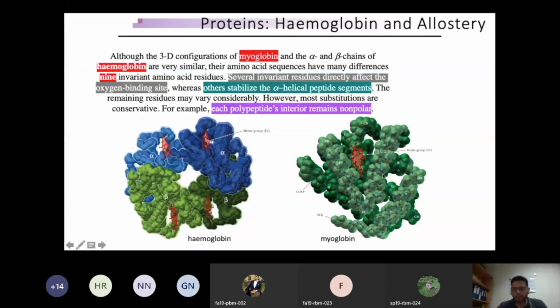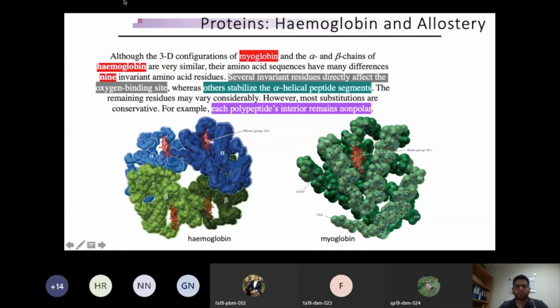The bad thing with myoglobin is that it does not release oxygen quite easily. So that means it could carry oxygen to the body parts, but it does not release it easily unless there is a really stringent or oxygen depleted condition, and then it could release the oxygen, as is the case in muscles.